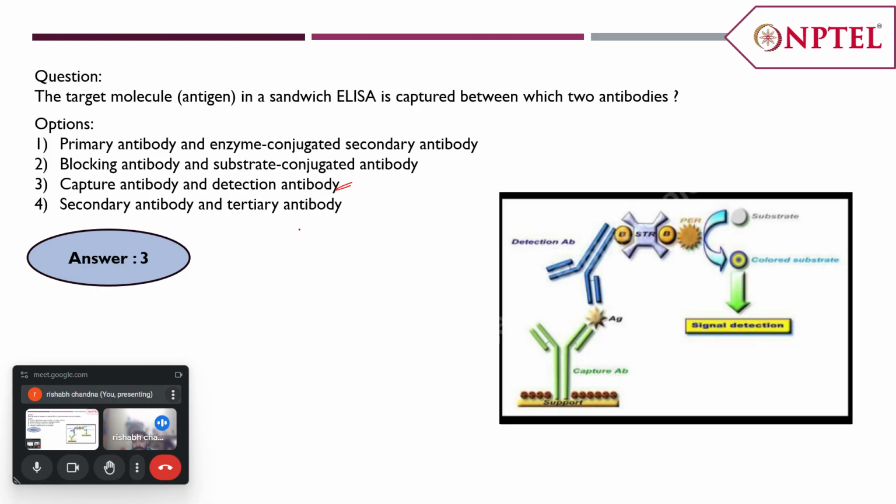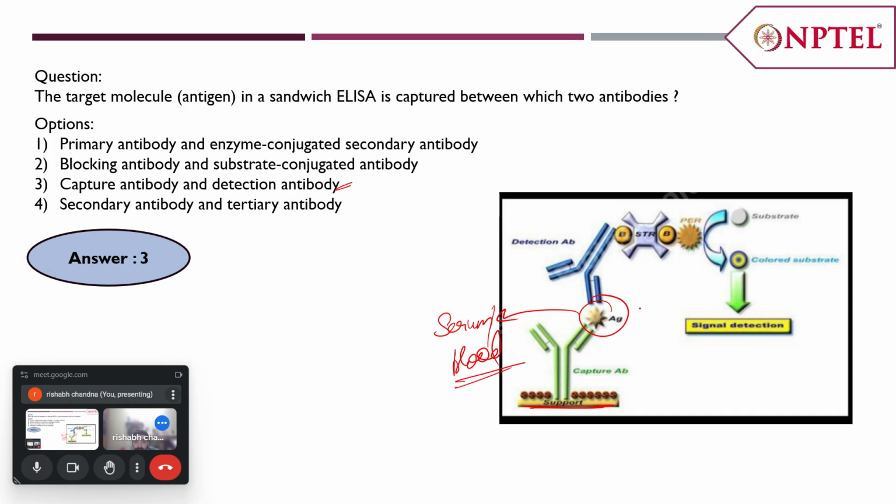And here is the explanation. In case of a sandwich ELISA, we have an antibody that is attached to a support or the substrate, and then we add the antigen of our interest, that is the serum or the blood, that will have the antigen that needs to be detected.